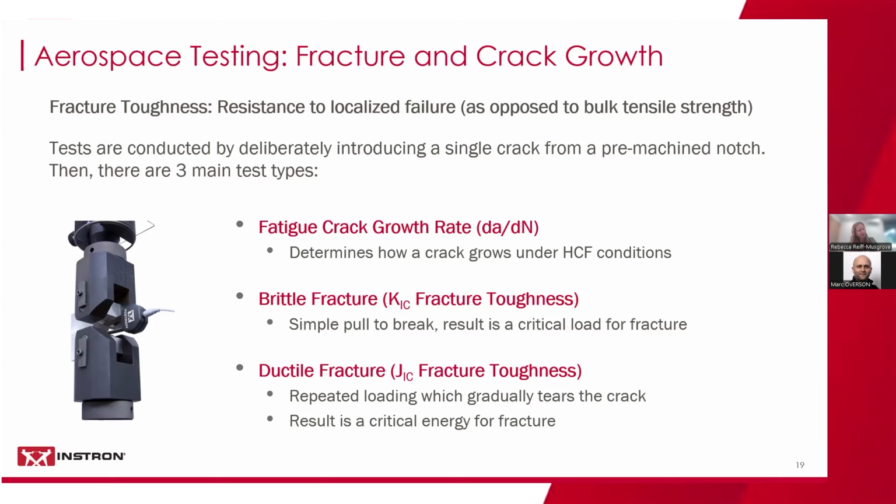And finally, we have ductile fracture, also known as J1C fracture toughness. And here it is, as the name suggests, more ductile, and we repeatedly load the crack to gradually tear it open. And what we measure here is the energy for fracture.